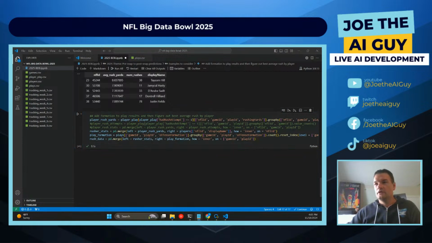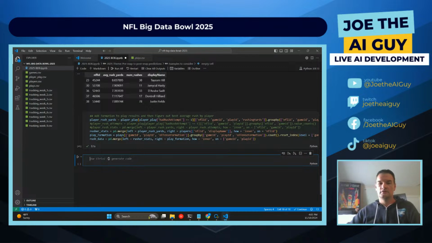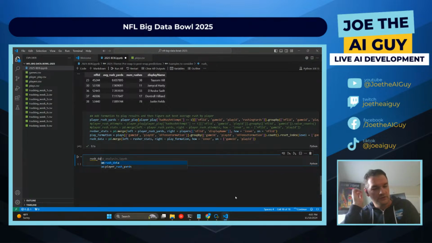And now we can do, I guess, some slices based on the player information to try and see how I want to do this. So rush data.